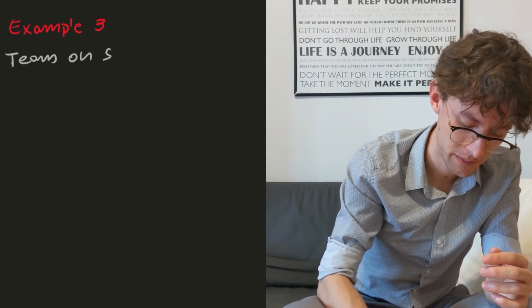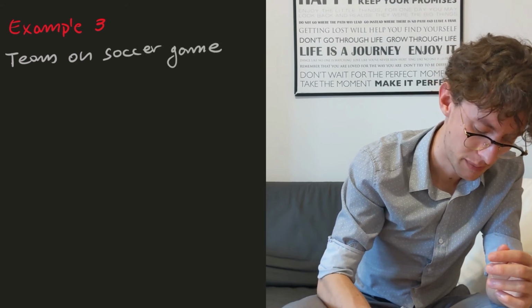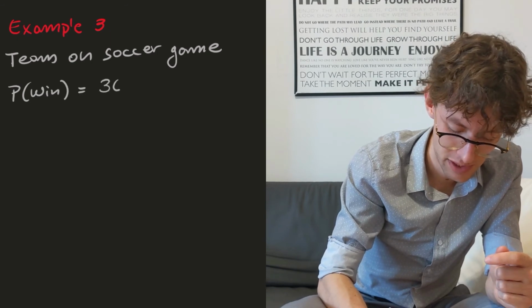Let's do one last example. So consider that your soccer team is playing a game today, and that on this specific game there is a 30% chance that it wins. So let's say team on soccer game, the probability that they win is equal to 30%.